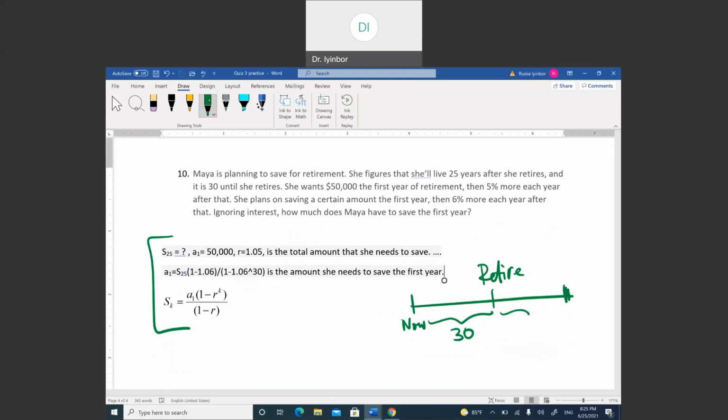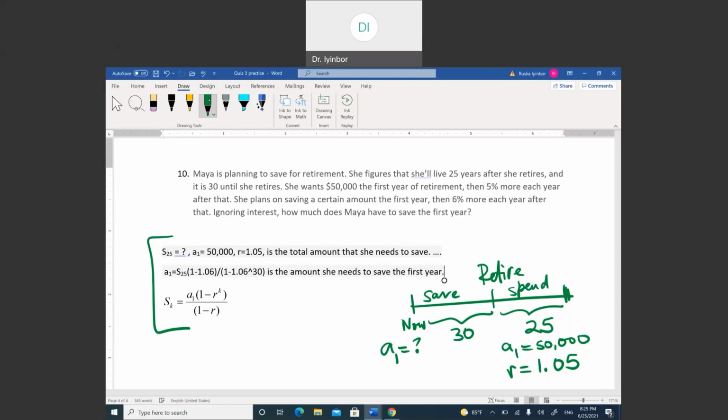This was 25, and we have A1 here is 50,000. And the rate is 1.05, and here is what you need to find: the first year, how much you need to save. These are her savings, and after that she's going to spend the money, right?